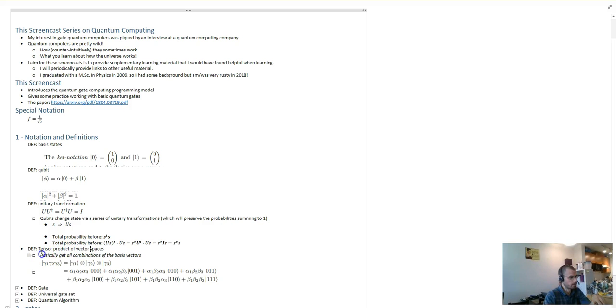If we had the tensor product of 4 spin half particles, then we'd have 16 basis vectors. These are all the possible states of the system, and that's what we're actually going to be working on.